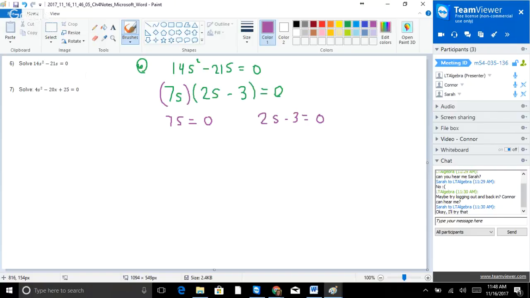Okay, so if 7 times s has to be 0, that means s could be 0, right? Over here, 2s minus 3 equals 0, so add 3 to both sides.